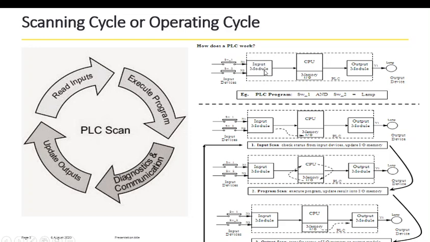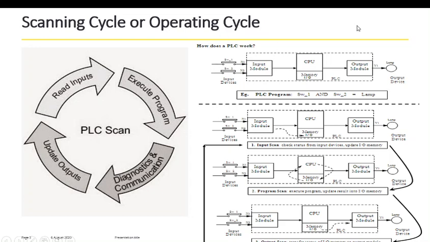Okay, so what is the process by which these inputs are read and the output is calculated? So from reading input, calculating the output based on the program, and giving output to the output module, which again will be given to the actuator.